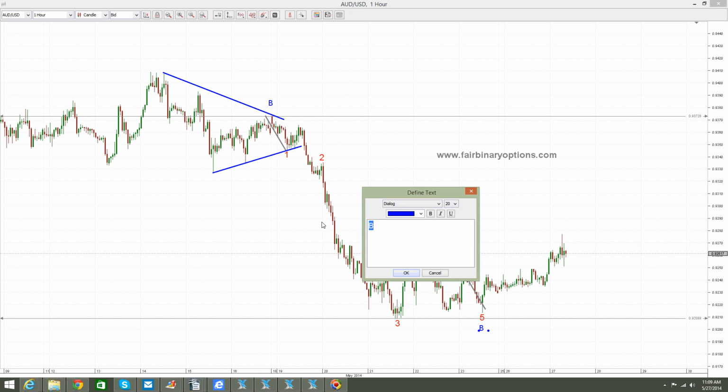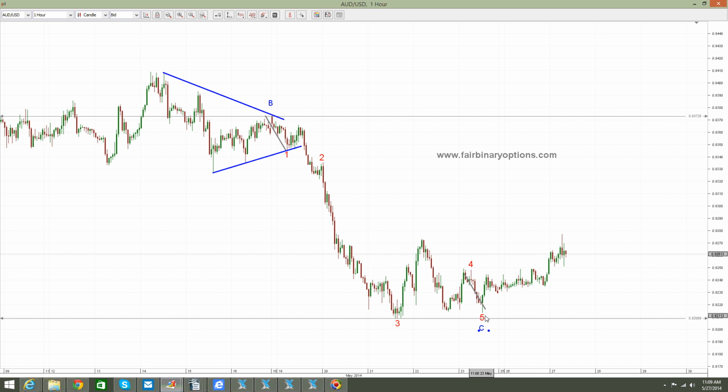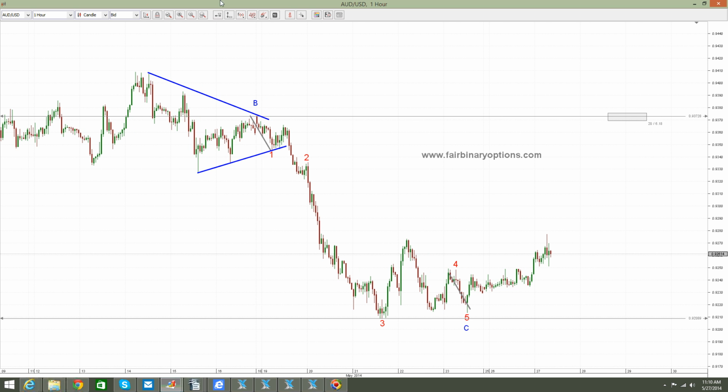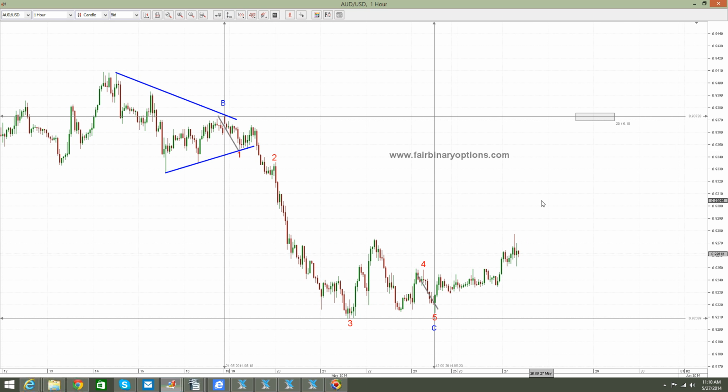Normally the target out of this flat would be these highs here, so 93.72, to come in less than the time taken for the whole flat to form, and the time taken for the whole flat to form goes from here to here, and you project it on the right side and you'll have the target.